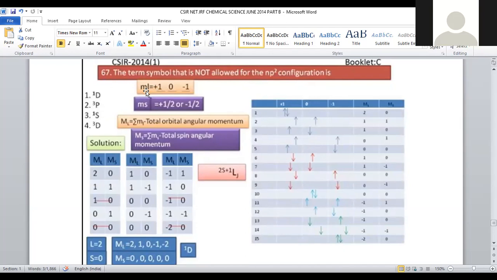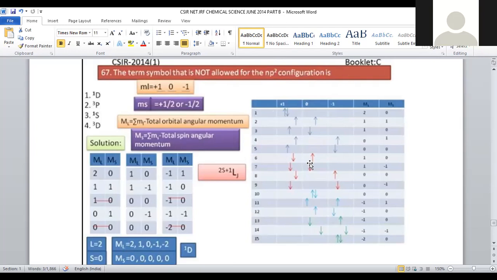Here ml denotes what? Ml denotes orbital angular momentum, and whose values range from +1, 0 and -1, right? So here np2 will be there if we violate Pauli's law, and if we contribute 2 electrons in the single +1 level, if it is possible.